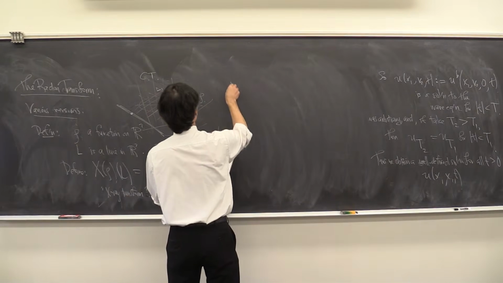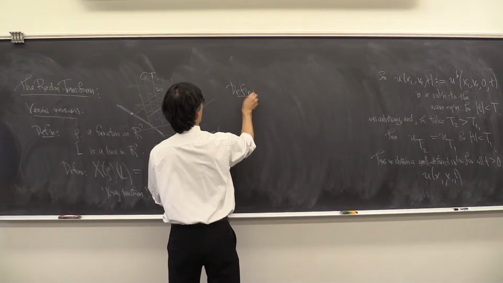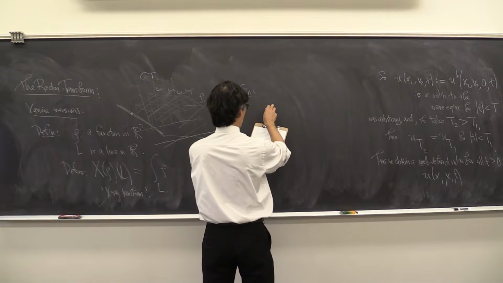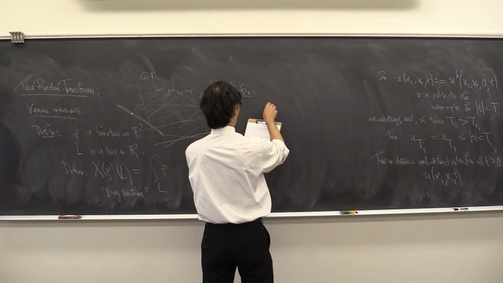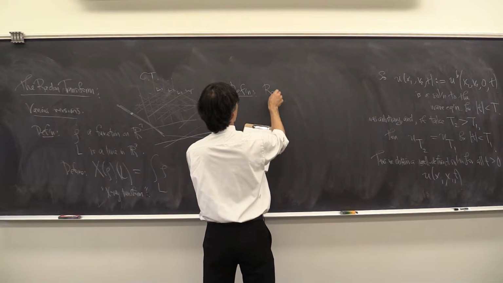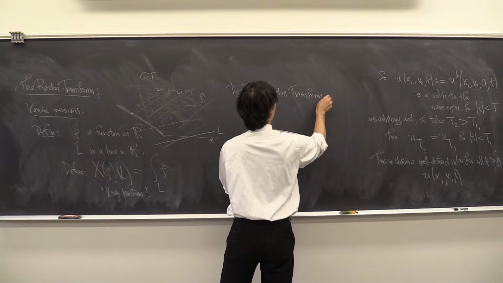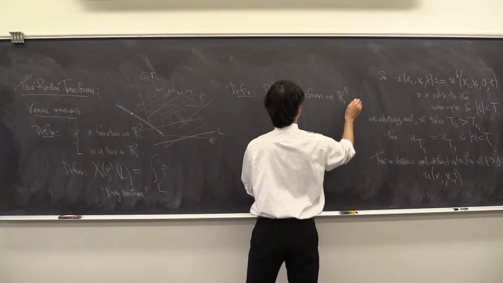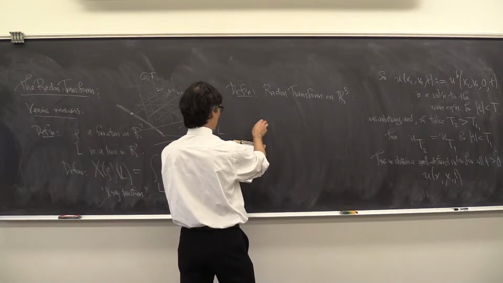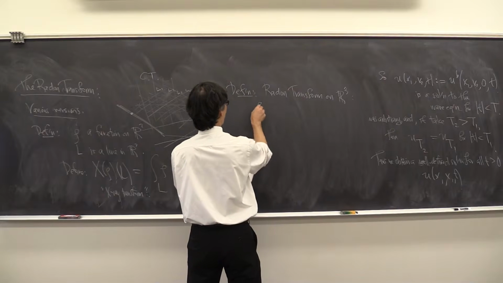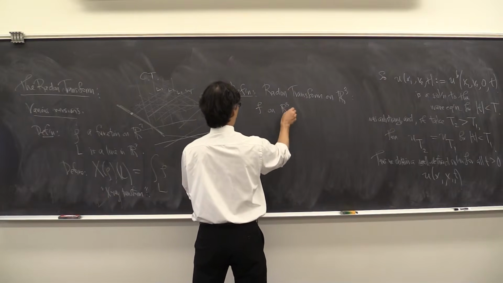The general Radon transform is defined like this. We'll talk about the Radon transform on R3. On R3, what you do is kind of similar. You have some function on R3.